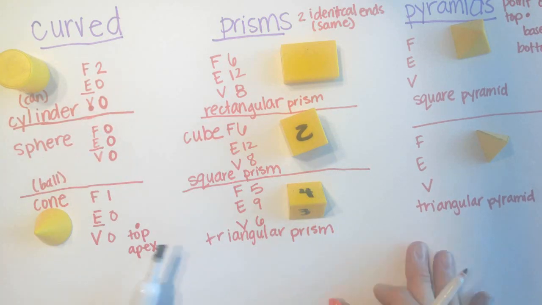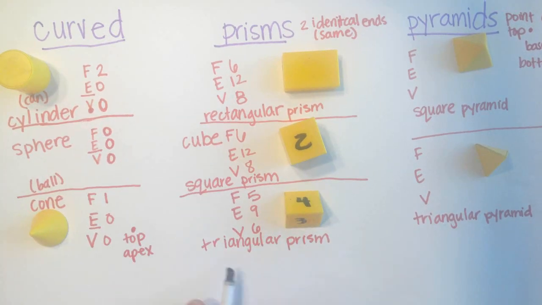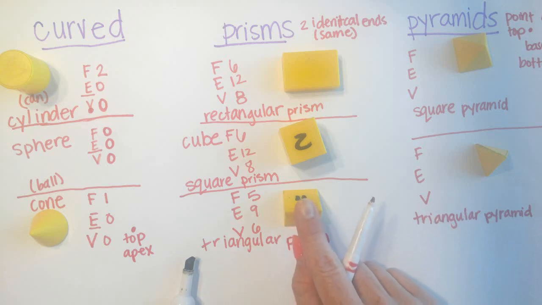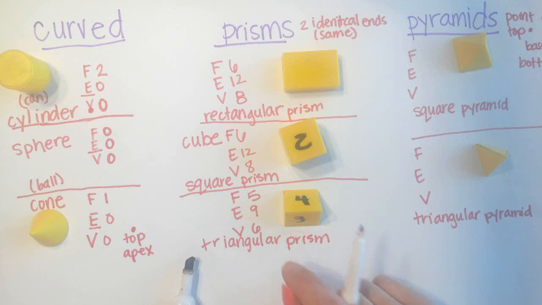And pyramids. Okay? A triangular prism is a hard one to find a household shape for. There's a fancy candy bar that kind of comes in a triangular prism box. Maybe the top of a milk carton would be a triangular prism.